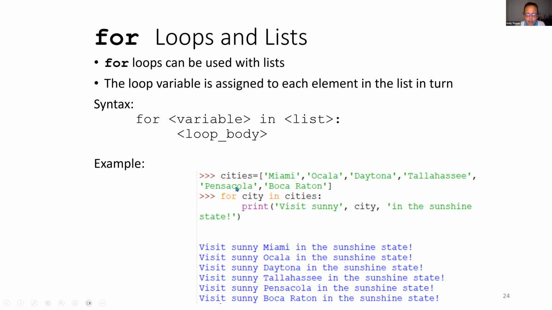Then we move back to the top and our pointer moves over to Ocala. Just like the pointer moves automatically when we're looping over a string, so too it will move automatically to the next item as we're cycling over the list. It will point to Ocala the next time through, and then in turn each of the items, so that we print out the name of each of the cities as we cycle over the list.